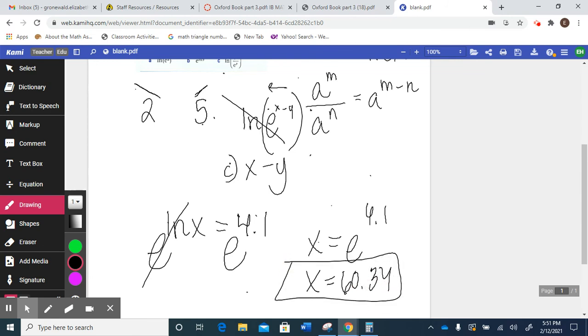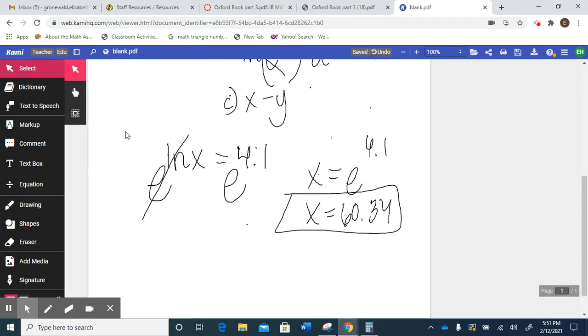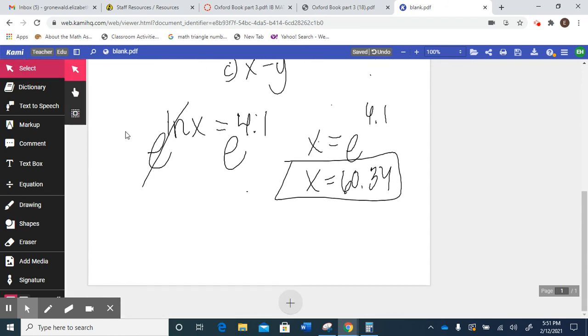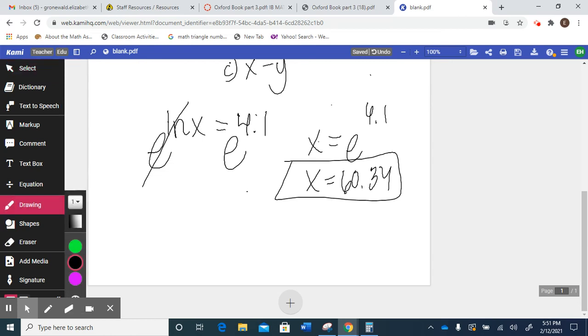And then you're done. The converse of that is if you're given an exponential with base e, then you would use natural log. So let's take a look at one of the simpler ones of those. So if I have, I don't know, e to the 2x equals 7, this is a made up problem.